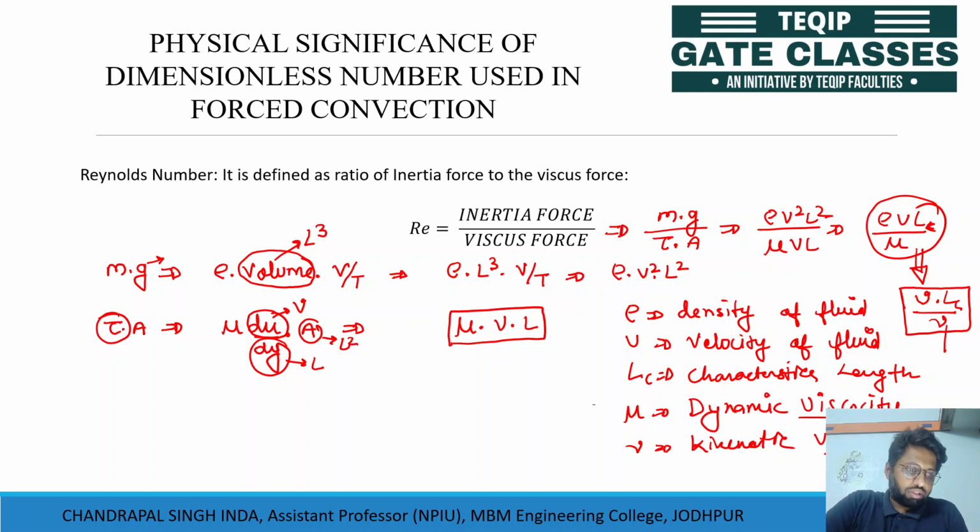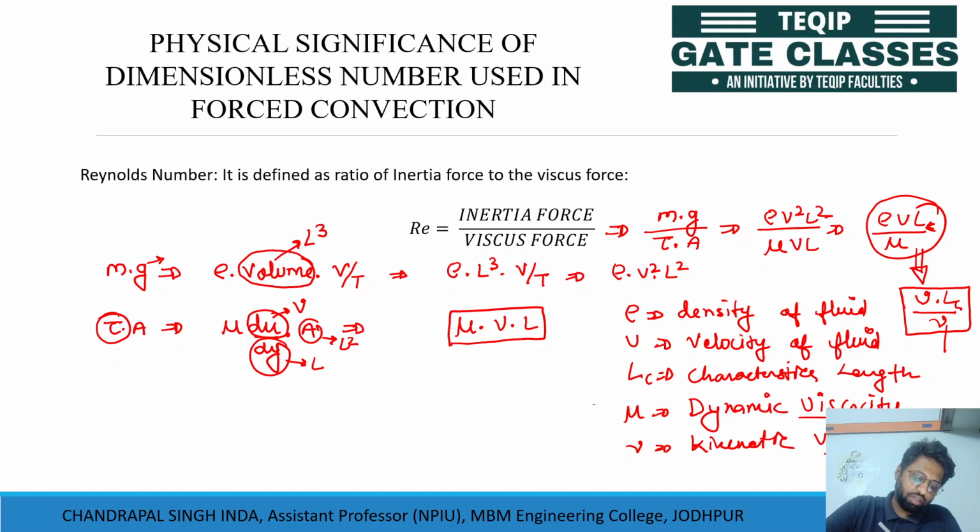The forced convection system is divided into two categories: external forced convection and internal forced convection. In the next part we will understand how we use the value of the Reynolds number for these types of flow. Before that, we will see the significance of the Reynolds number.